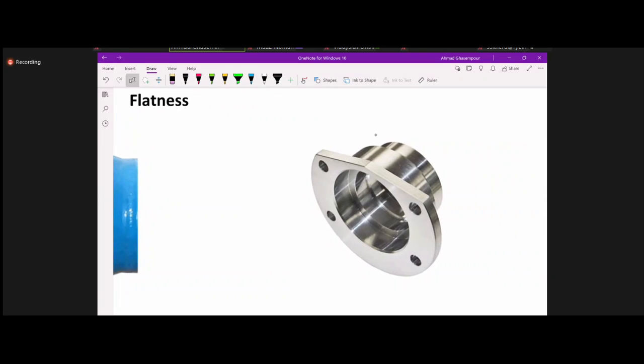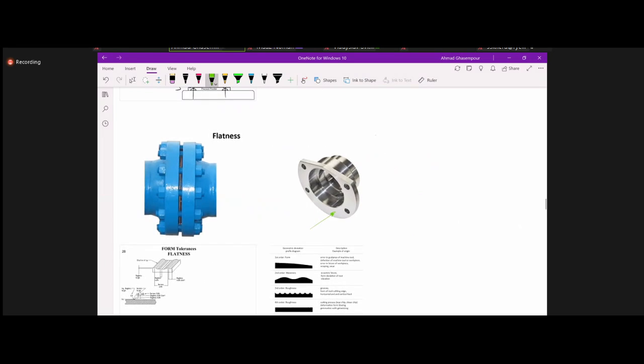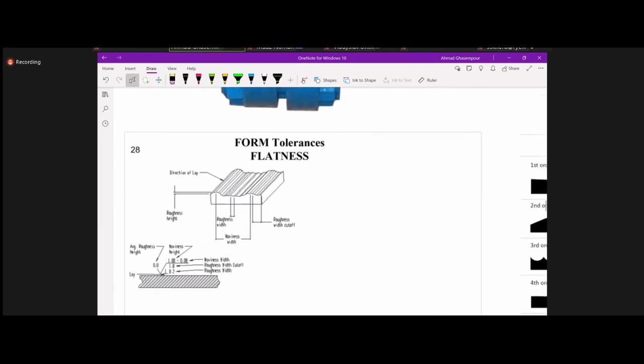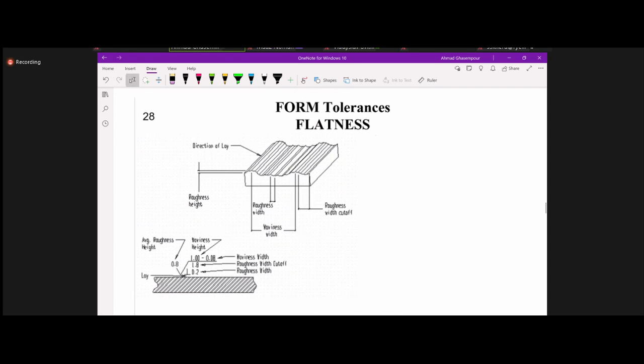So any place where you have joints, things come together and they have to have a positive sealed connection, flatness becomes important.